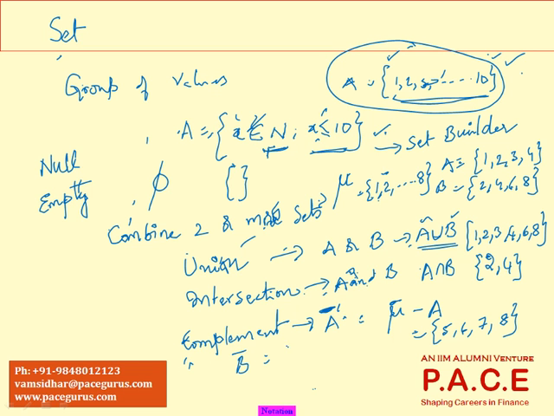Similarly, if someone wants B complement in the same thing, then it becomes 1, 3, 5, 7, because those are the numbers that are present in the universe, but they are not present in B. So this is one more notation you have to be comfortable with, and what I really feel is these kind of questions can make it to the exam to make things slightly tricky for you.